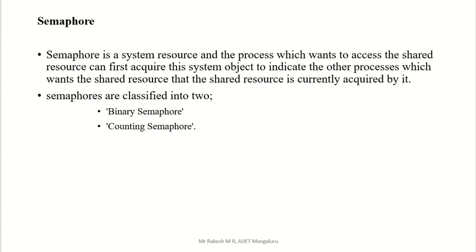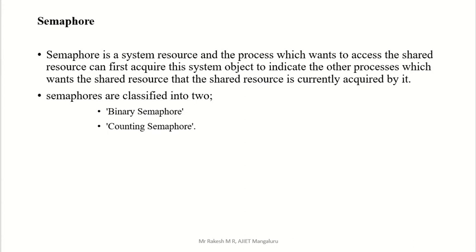For hardware solutions we have different things, like test and set, swap. But the software solution is semaphores. So we have one integer variable, and we can give it a particular number, or a particular range.